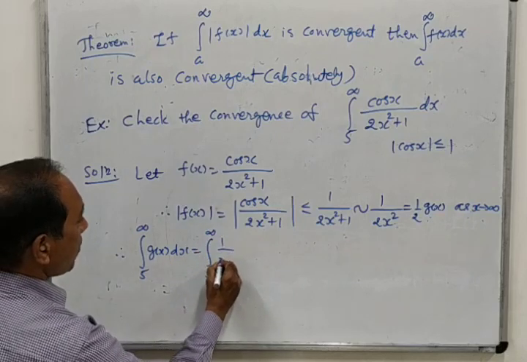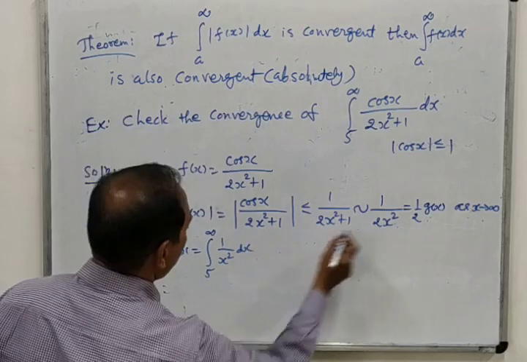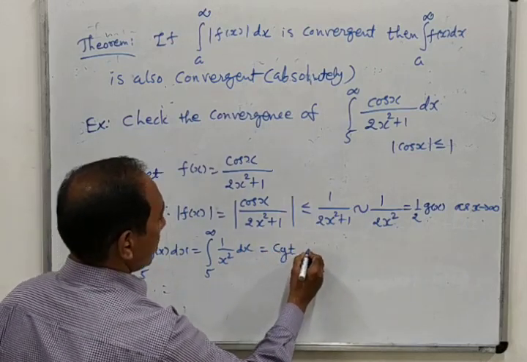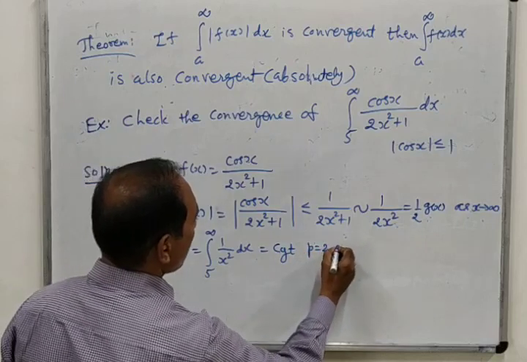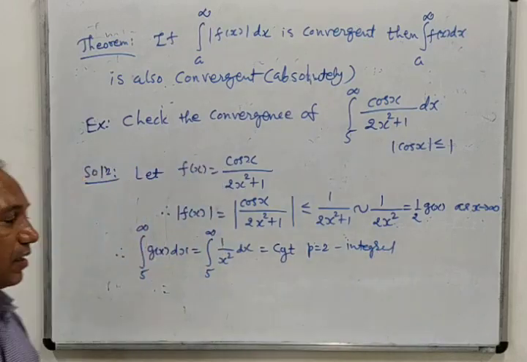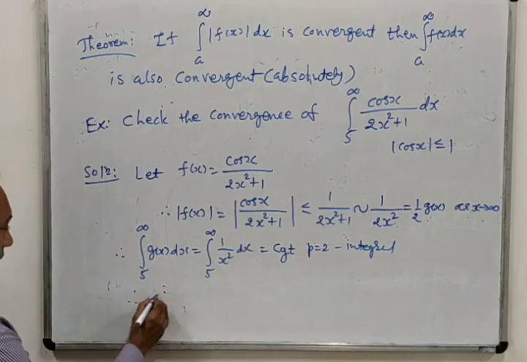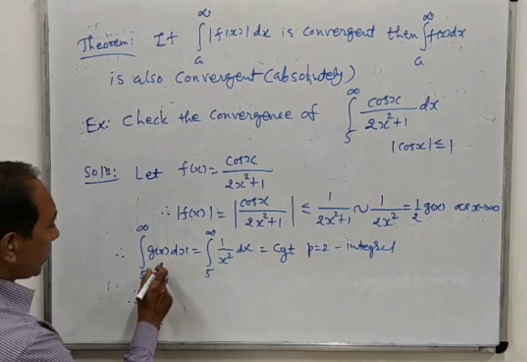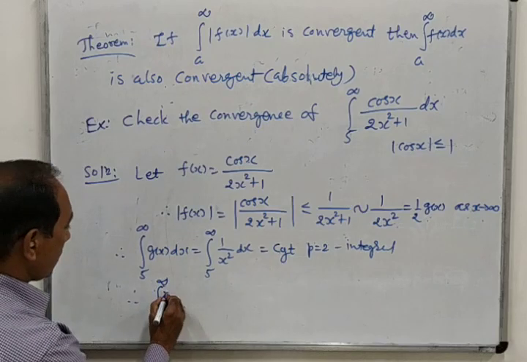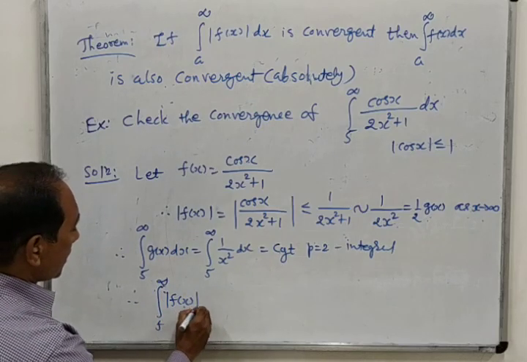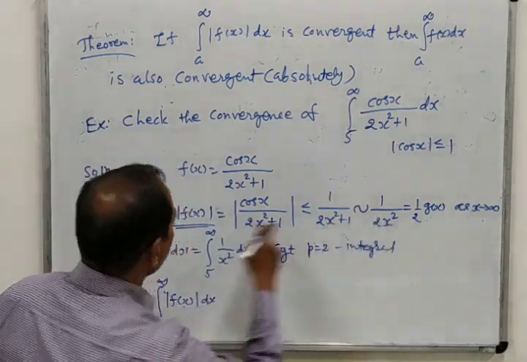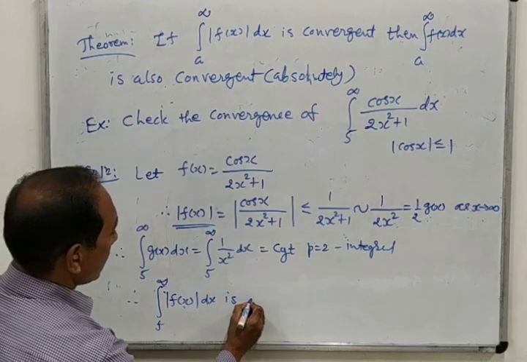This g(x) is 1 upon x square, integration 5 to infinity of 1 upon x square dx, and it is a convergent p integral, because p equal to 2 and p is greater than 1. And therefore, integration g(x) is convergent, and therefore by comparison test, modulus f(x) dx, because we have obtained the equivalency of this function, modulus f(x) is convergent.